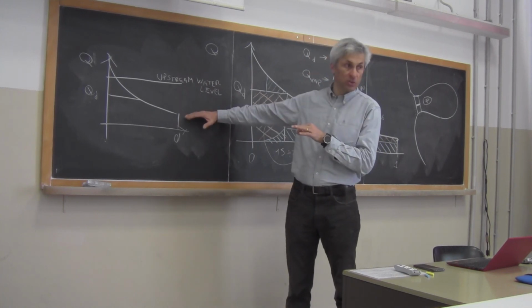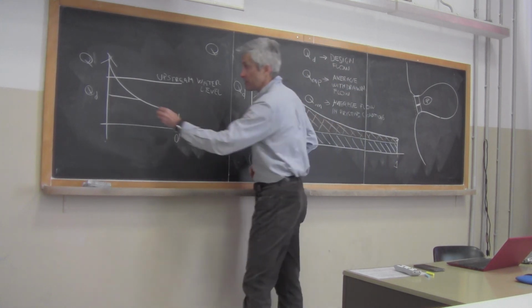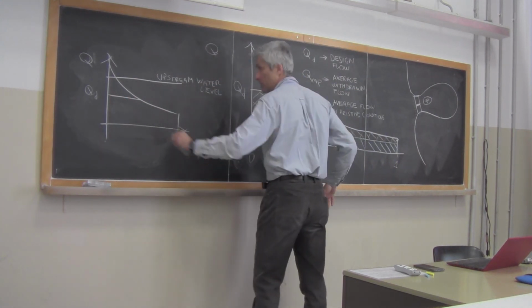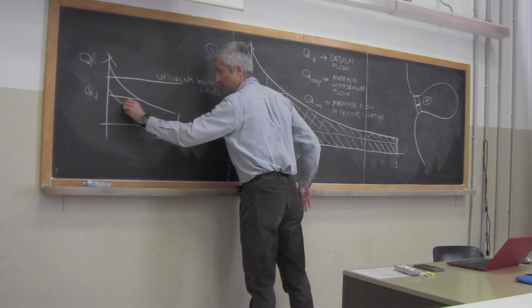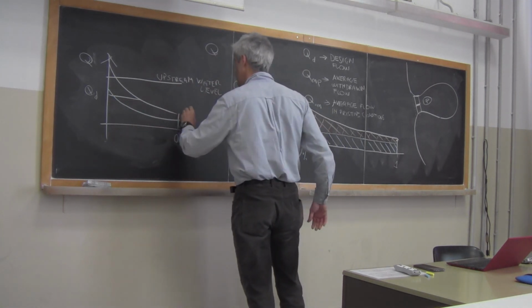The water level downstream is varying. With the low flows it is lower, with the high flows it is higher. So it's something like this. Let me use another color. This is the downstream water level.